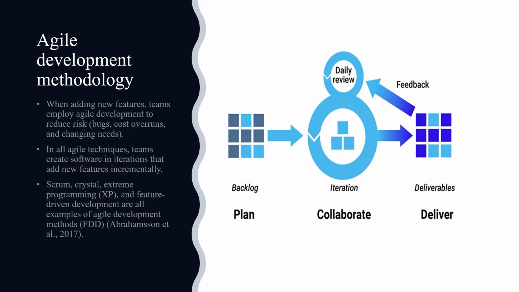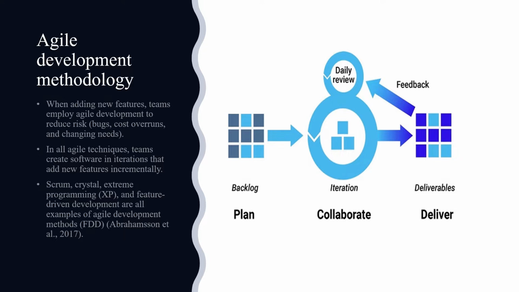In all agile techniques, teams create software in iterations that add new features incrementally. Scrum, Crystal, Extreme Programming (XP), and feature-driven development are all examples of agile development methodologies.